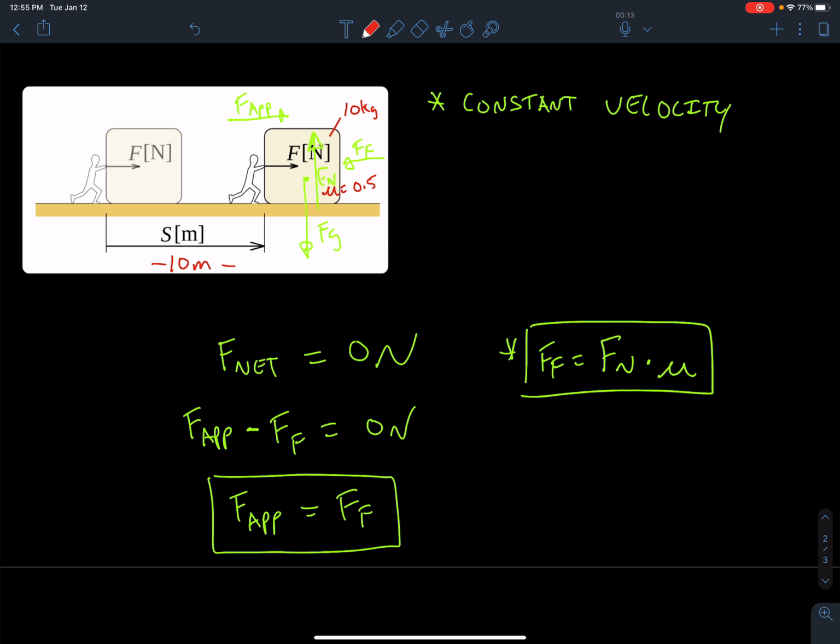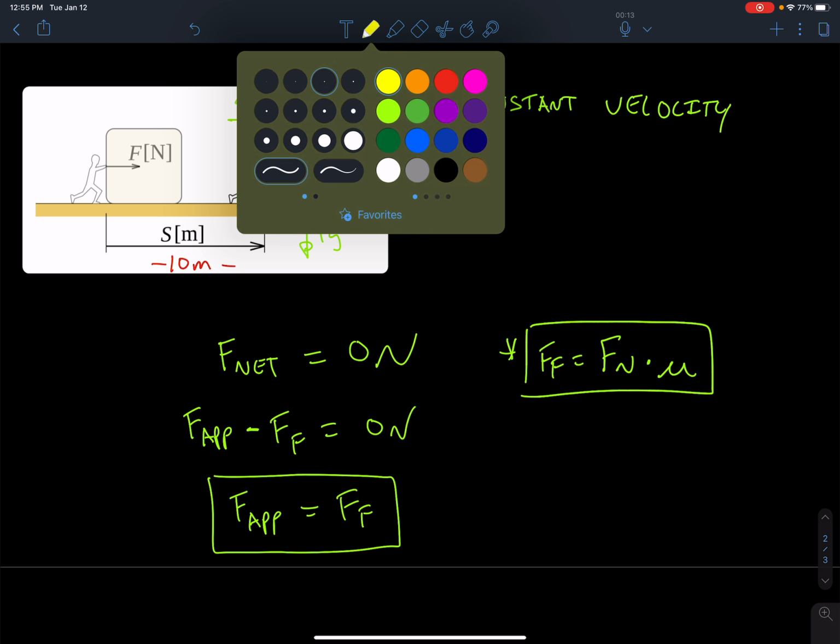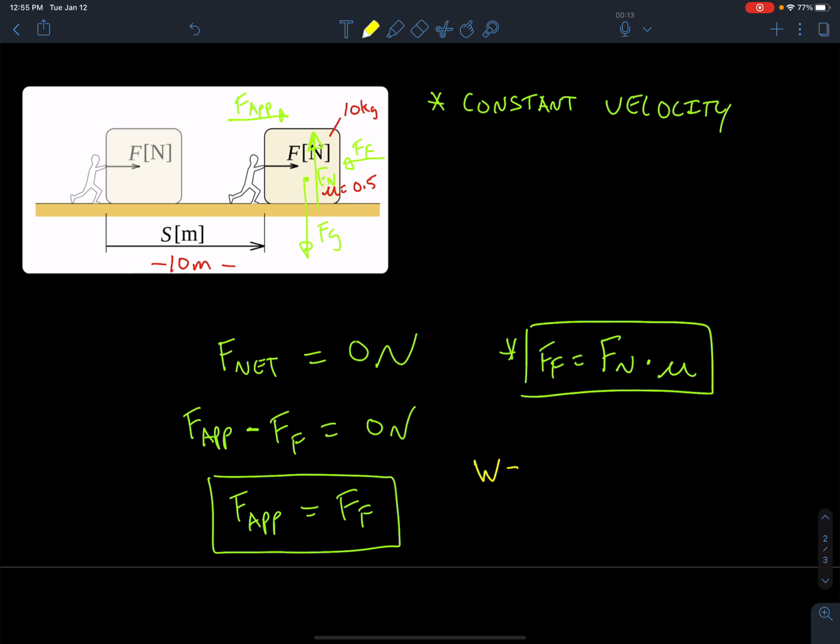Okay, so with all that, how much work is he going to have to do? Well, in this case, work is equal to the force that he applies times distance, because he's pushing in the same direction. I don't need any cosine stuff. So the work is going to be equal to the force that he's applying, which is my force of friction. So it's going to be equal to Fn times mu, that's the force of friction, times 10 meters, which is the distance that he pushed.